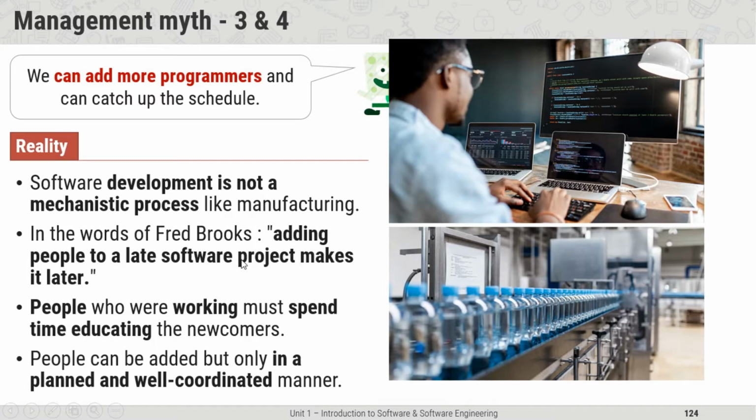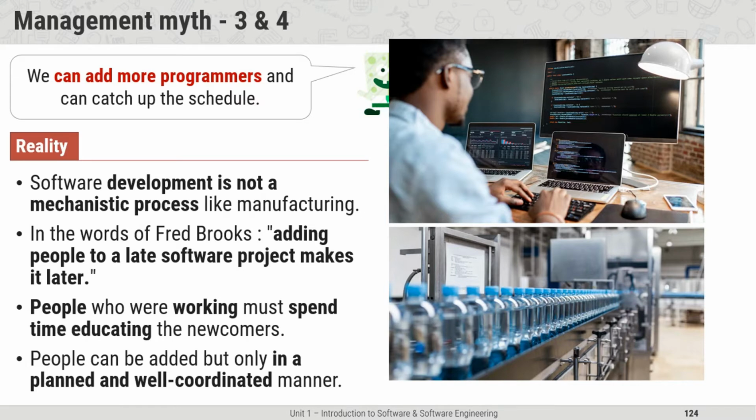In other words, adding people to a late software project makes it later. Suppose I have done half of my software, and now you add some new team members. The people who were working must spend time educating the newcomers. Those who have partially developed the software need to explain what it is, how the software will be, and how to do it.